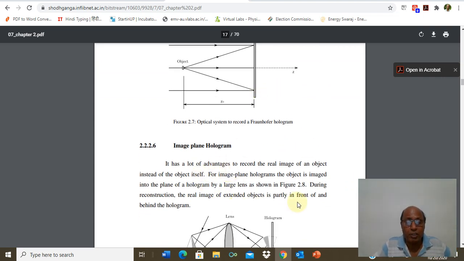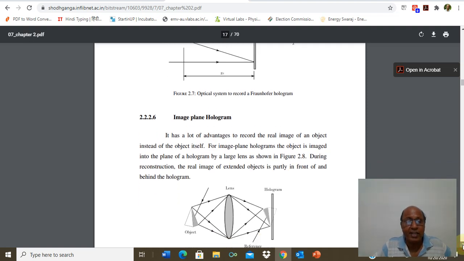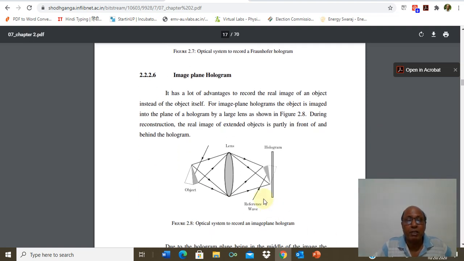Then you have the image plane hologram. That is another type of hologram. This image plane hologram has one particular characteristic, that is it uses a lens system, right? The object is imaged into the plane of the hologram by a large lens.